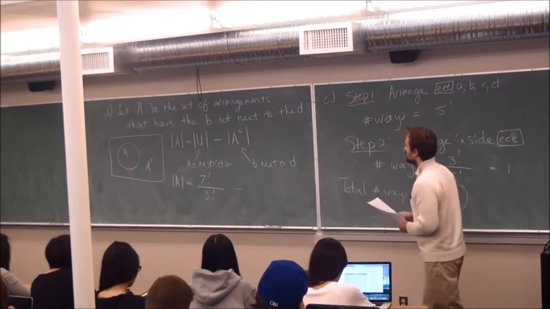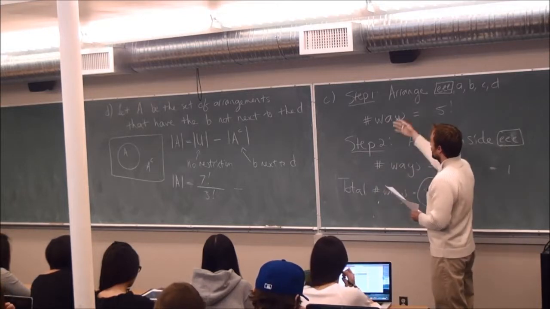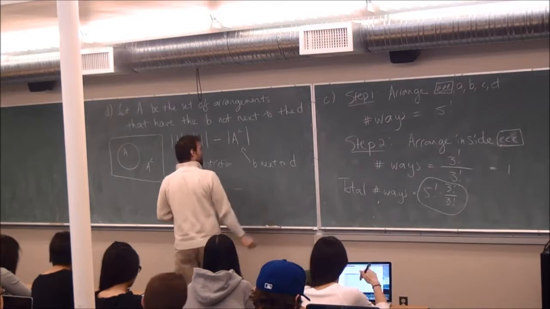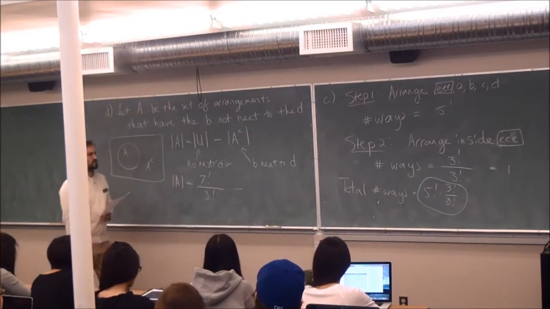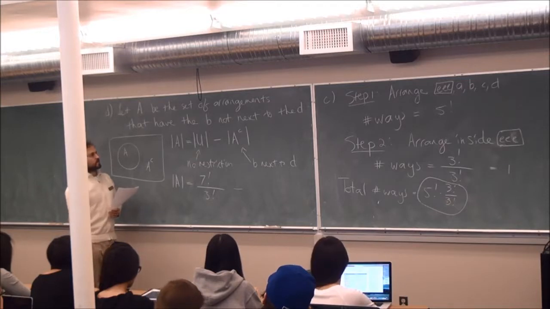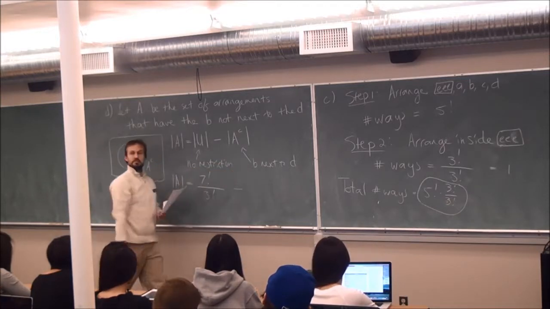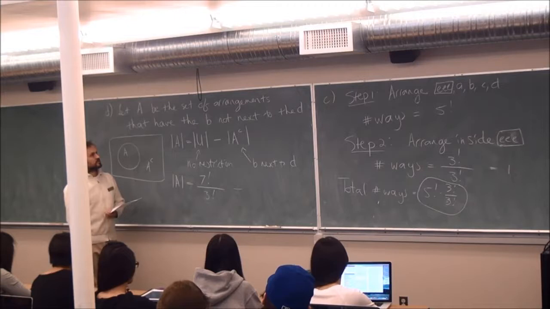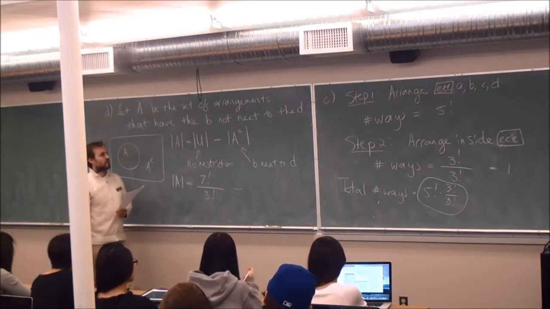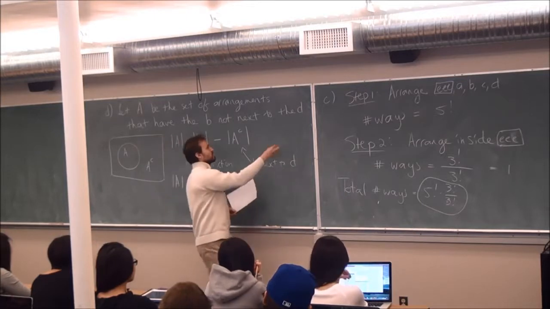Now I want the B and the D next to each other. Well, we did this 2-step process twice now, so I'll just do it in one go here. What is my first step when I want to count this now? Glue them together. So let me write it on the side here.